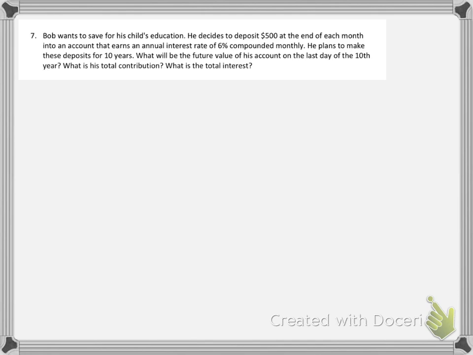You didn't borrow money, you deposit. You put money every month in the bank, and then we calculate the future value. So this is the ordinary annuity with monthly payment. Here 500 is the monthly payment.